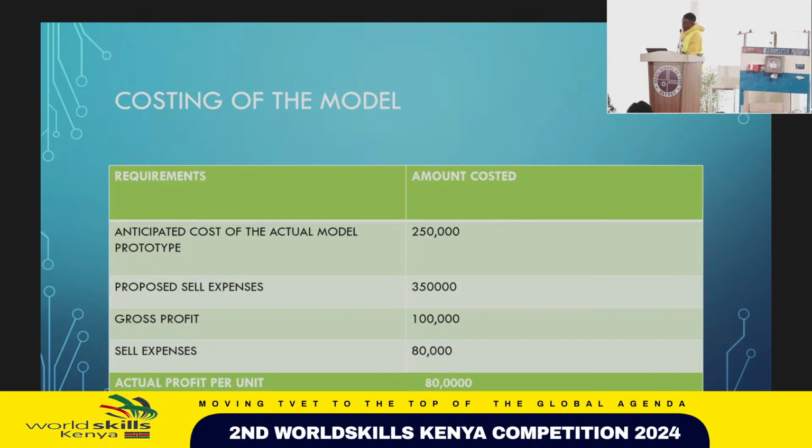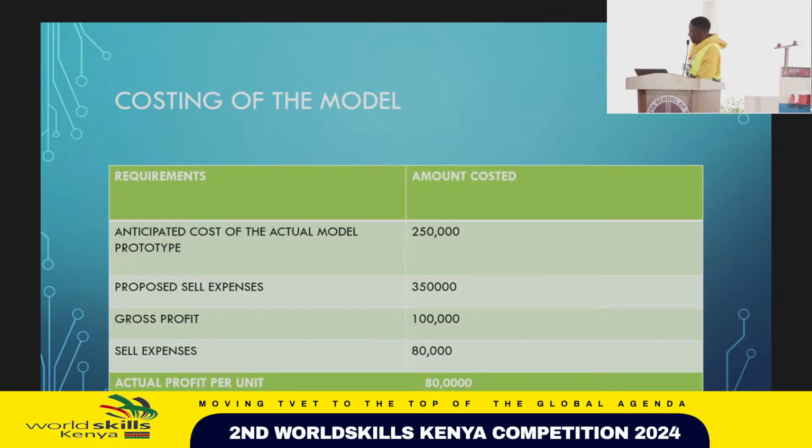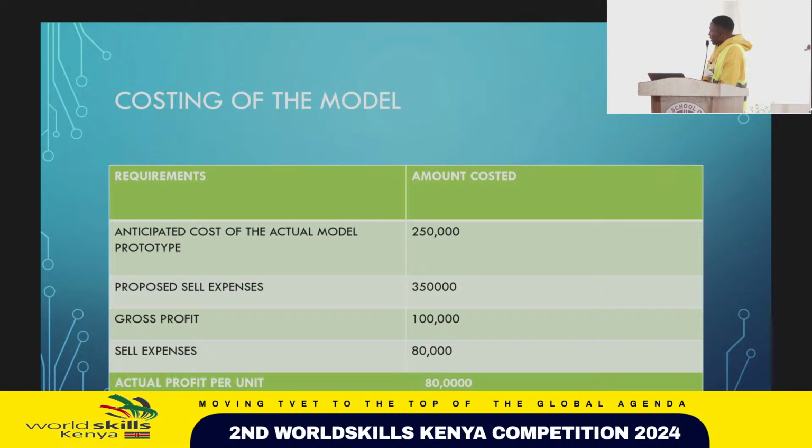As you can see, prototype development costing 250, which is very cheap compared to one transformer that is costing 1 million, and marketing costing 200, other expenses 200, and then proposed sale expenses costing 350, gross profit 100, sale expenses 80,000. Next slide.